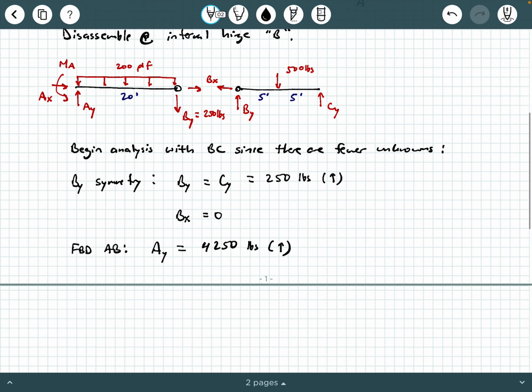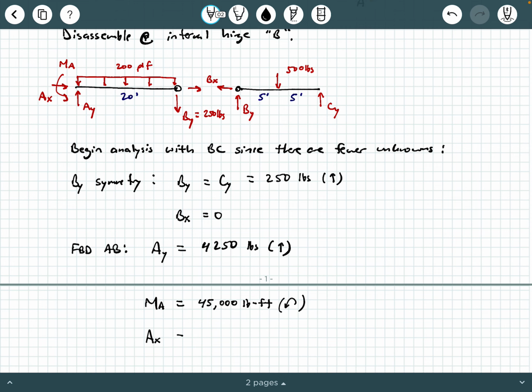And then we're going to be able to say the moment reaction at A is going to be 200 PLF times 20 feet times 10 feet, and add to that 250 pounds times 20 feet. And so for MA, we should get 45,000 pound feet, and that is in fact going to be reacting counterclockwise.